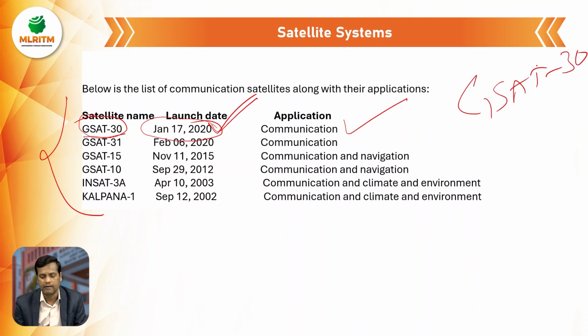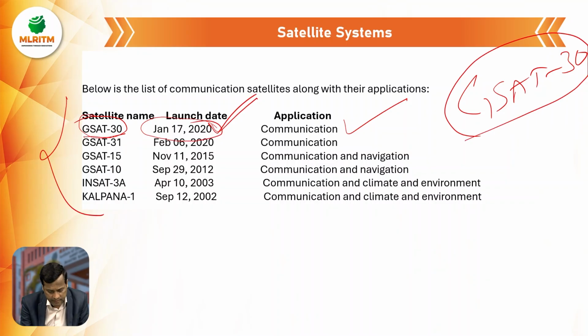And next one is GSAT 31, launched on February 6, 2020, again for communication purpose. And next, GSAT 15 was launched on November 11, 2015, for communication and navigation purpose.